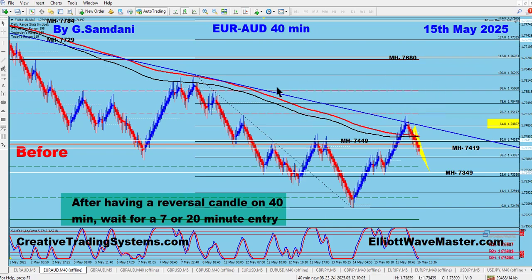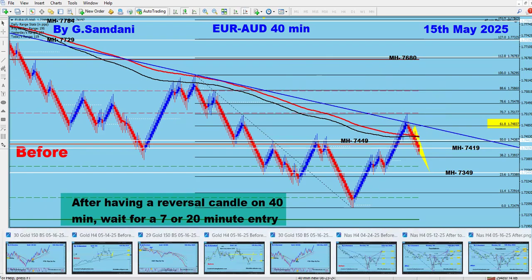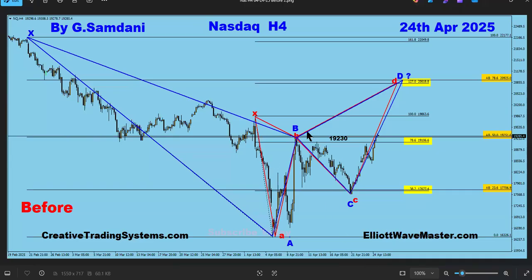If you are interested to learn every single thing about this business and this system, and Elliott wave and harmonic patterns and all of that, for example, I show you that. Look, this is a chart I made showing the Nasdaq, right? The blue is a harmonic pattern, and then there's a red, also a pattern, right? And the price was here. The red pattern is finished here, at 127, and then the other one is supposed to have 88%, but I said, well, let's go to the 78 first.